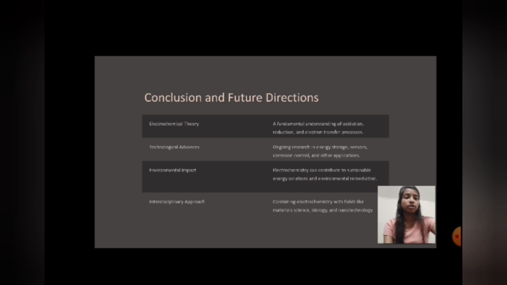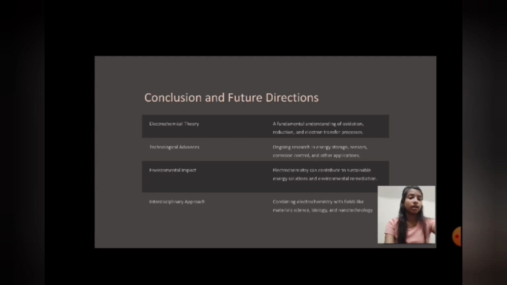Conclusion and future directions. Electrochemical theory: a fundamental understanding of oxidation, reduction, and electron transfer processes. Technological advancement. Ongoing research in energy storage, sensors, corrosion control, and other applications.